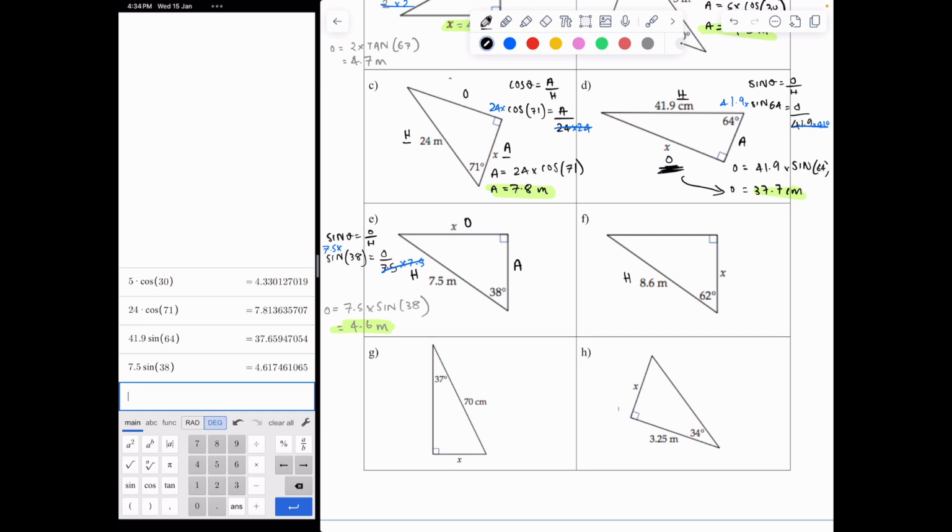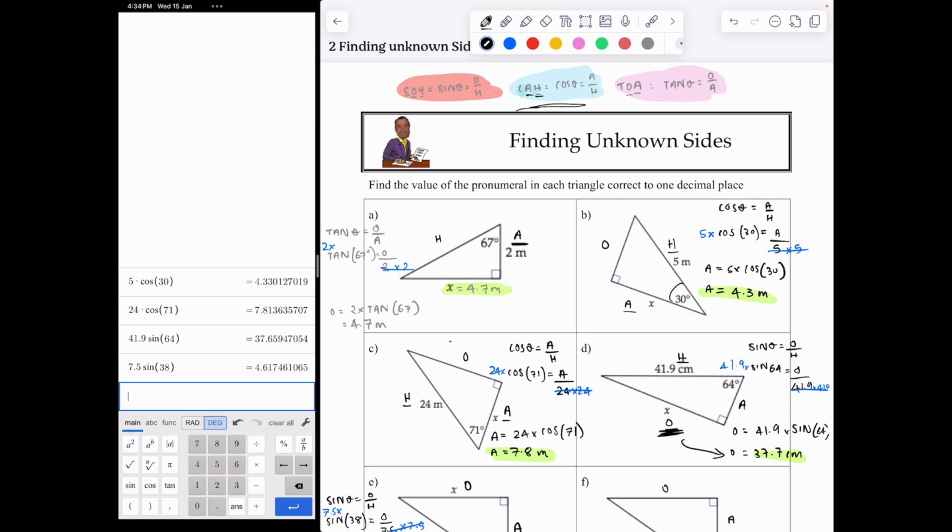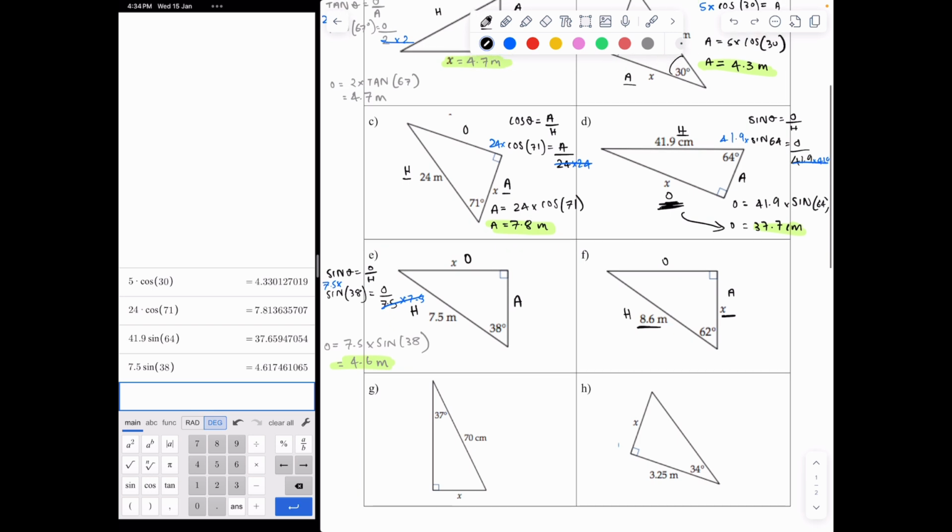Okay. Hypotenuse. Adjacent. Opposite. Sweet. What are the sides of concern? Well, we've got an adjacent that we need to figure out. And we've been given our H. Which equation has A and H? Yep, that's our cosine equation. Let's use that.